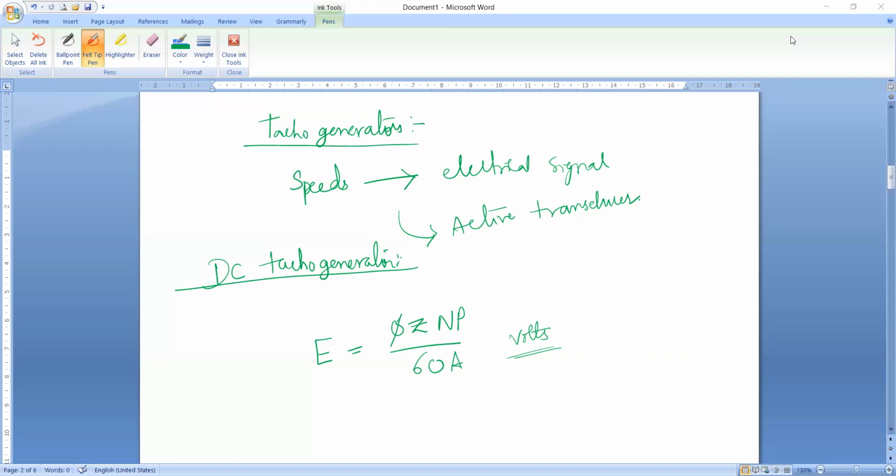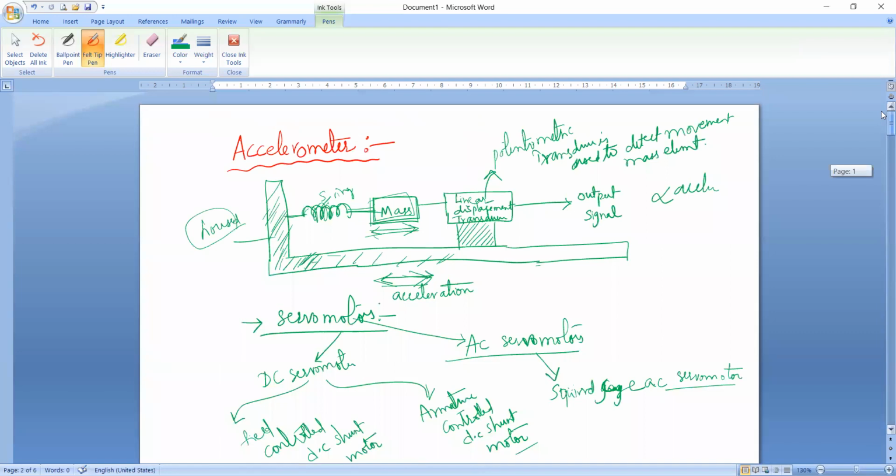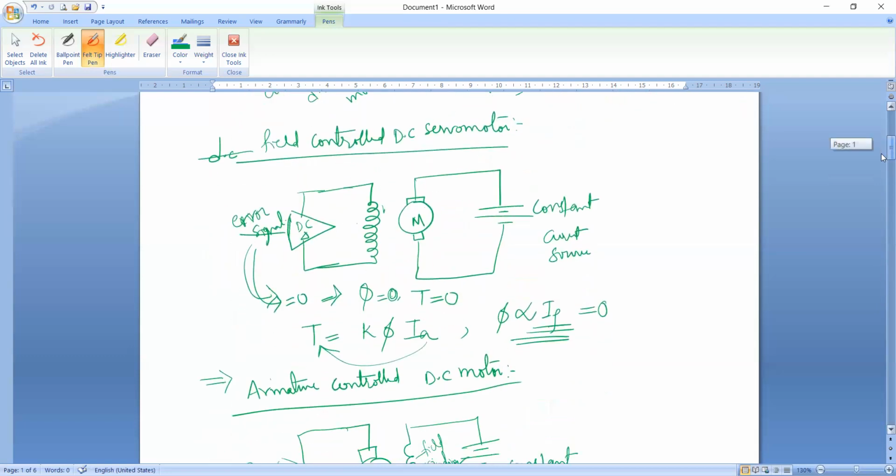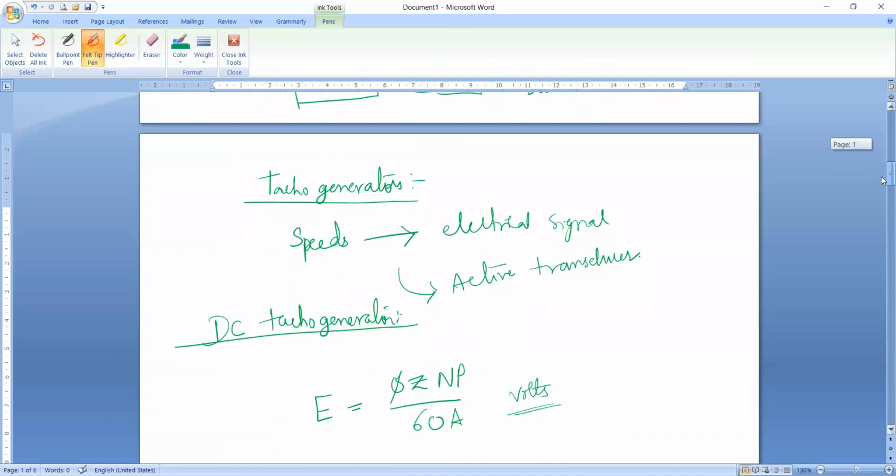In this topic, I explained about the accelerometer, then servo motors, DC servo motors and AC servo motors, how they are armature controlled and field controlled, and AC controlled tacho generators, tachometers, and tacho generators.